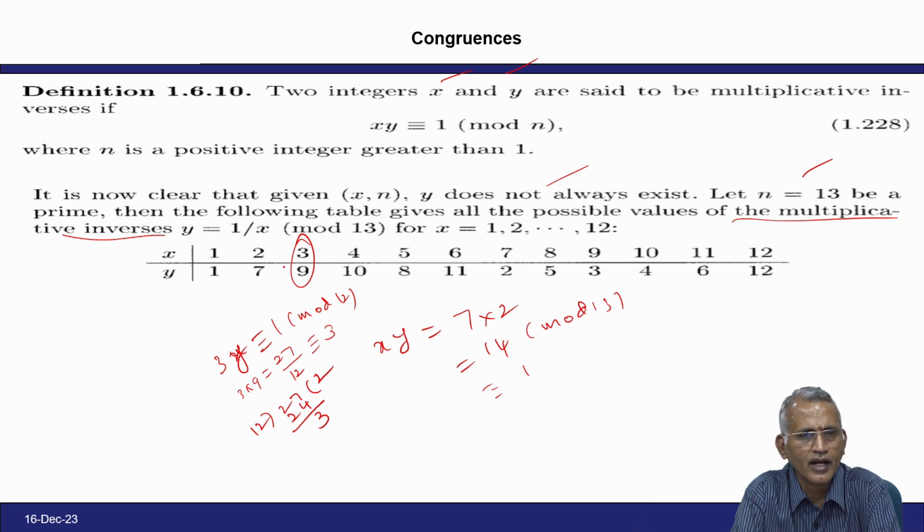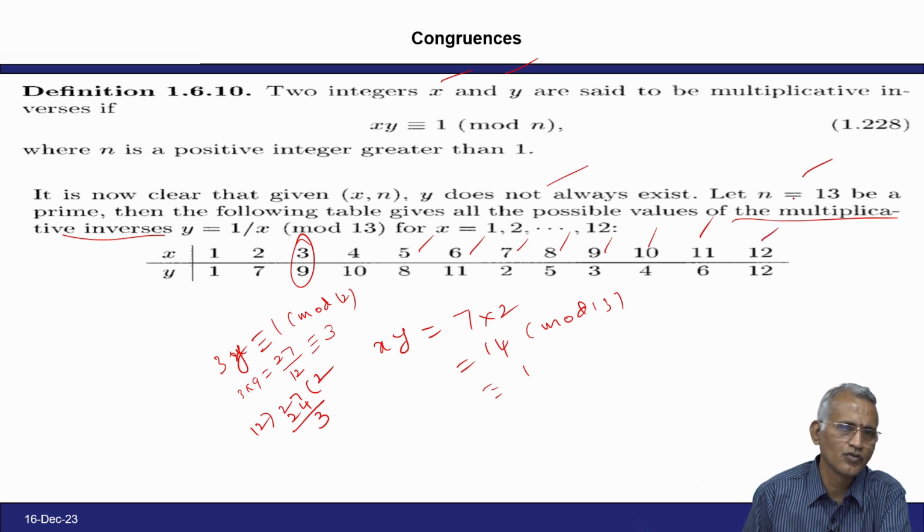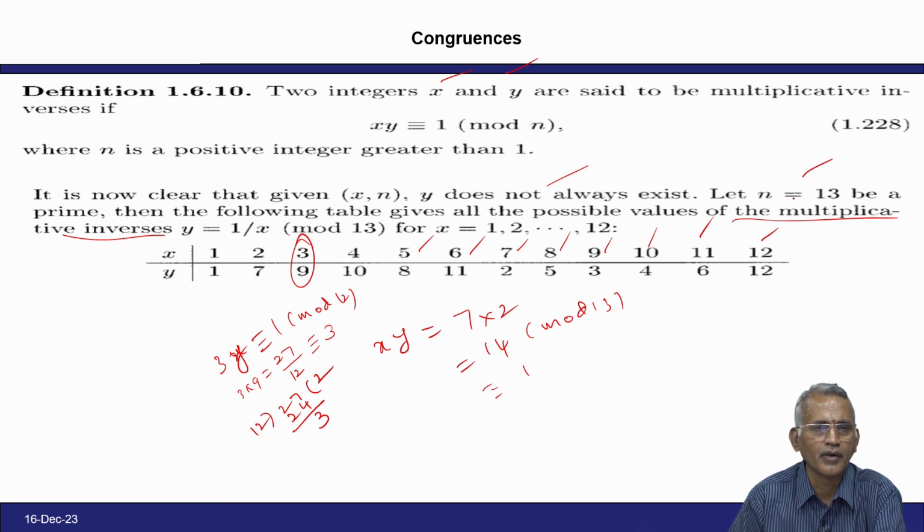Similarly, for 5 we have inverse 8, for 6 inverse 11, for 7 inverse 2, for 8 inverse 5, for 9 inverse 3, for 10 inverse 4, for 11 inverse 6, and for 12 the inverse is 12. So, 12 into 12 is 144, and 144 divided by 12 leaves remainder 1.